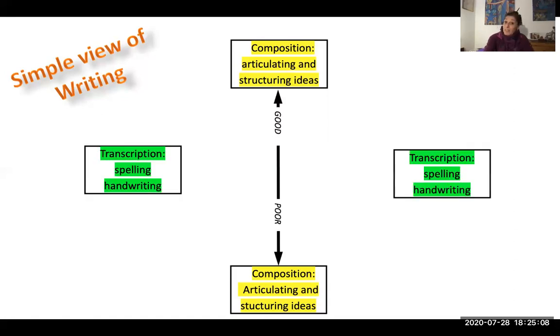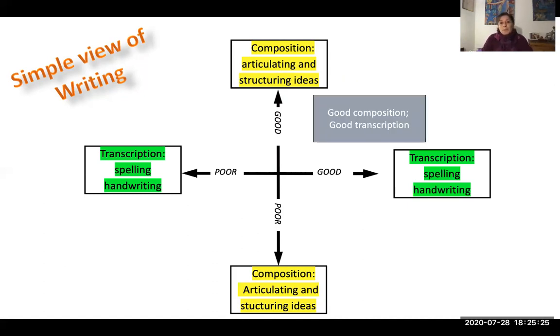And we have the other process, the technical part, that is transcription, spelling and handwriting, which can be good or poor. And again, we have these four possibilities. The top group are the children who do well. They go along the two processes smoothly and in parallel.